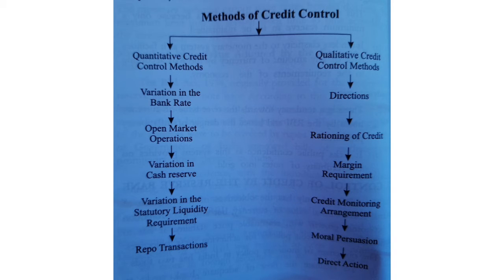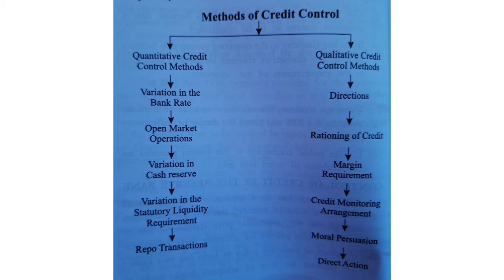Margin requirement. Margin means the difference between the market price of security and loan amount. So changing the margin requirement is another credit control method followed by the RBI. So what is this margin requirement? Suppose you want a loan of rupees 1 lakh, but if you go to the bank you are not going to get the total 1 lakh as loan. There is the margin requirement.